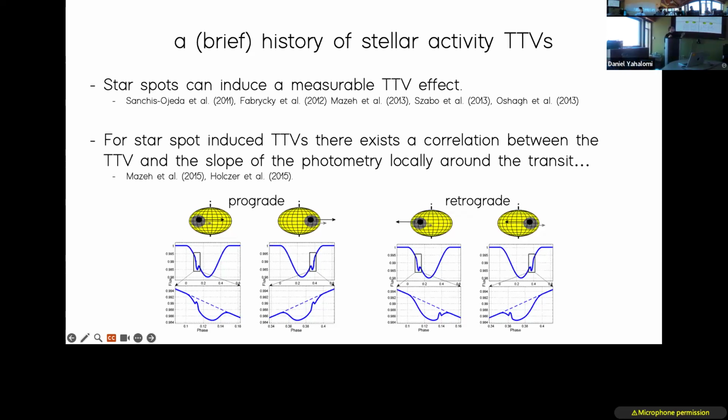Either way, the TTV is induced by these star spots, so you'd expect the TTV to have a period equal to the stellar rotation period or an alias of that stellar rotation period. So the more we know about the stellar rotation, the better we could rule out these false positives.